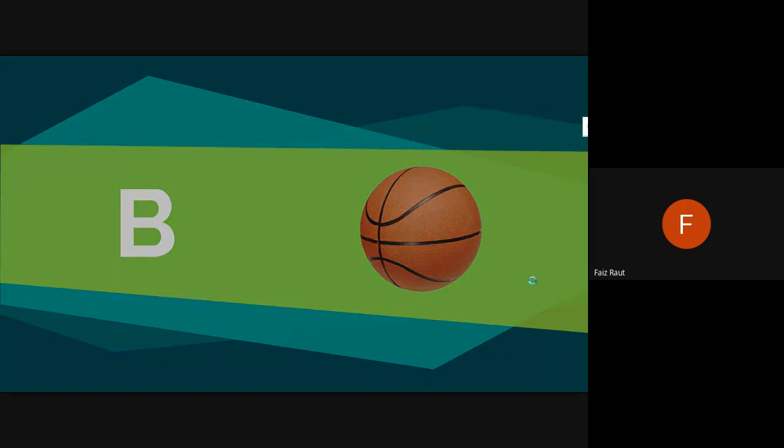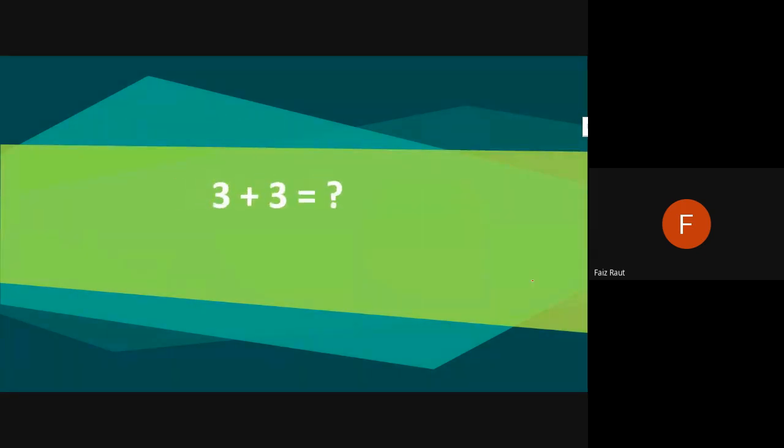Okay, now how to develop this? That was the past. If I ask what is 3 plus 3, what is the answer? We only have one answer, which is 6. We cannot say we are creative and give 7 or 5 as the answer.